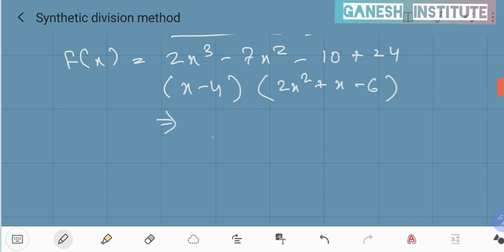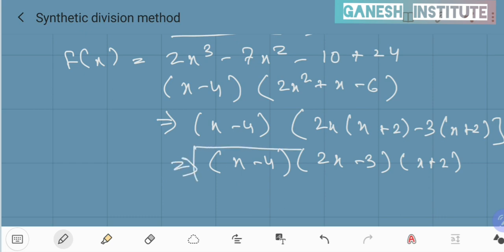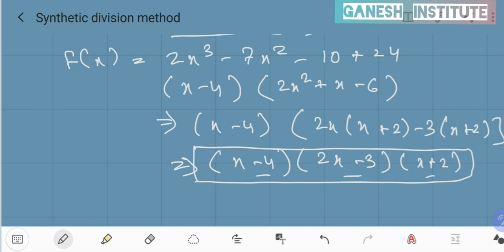Now we need to factorize it. We can factorize it like this and find the solution, which is x minus 4, 2x minus 3 and x plus 2.